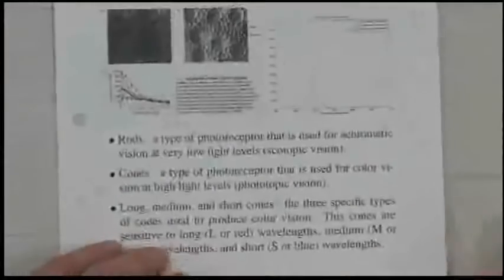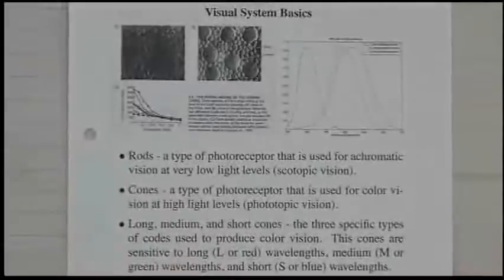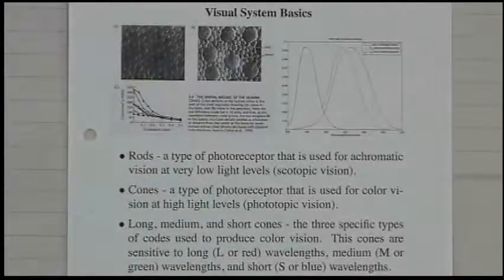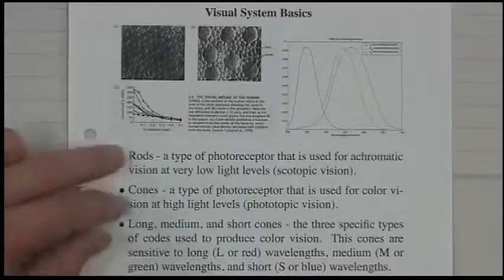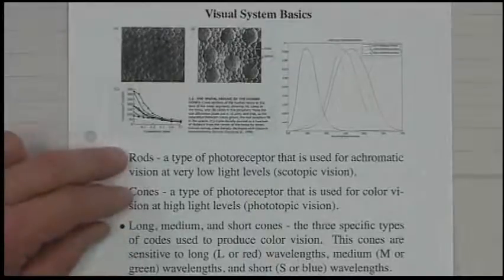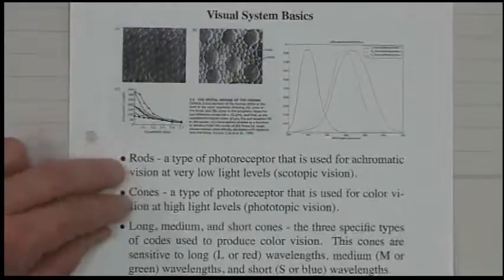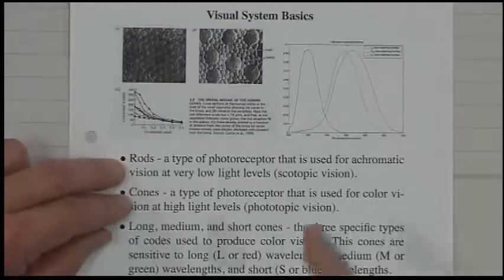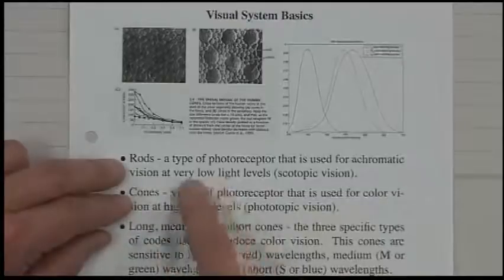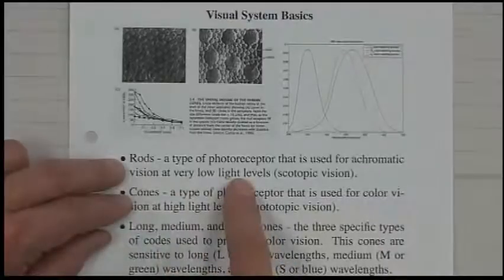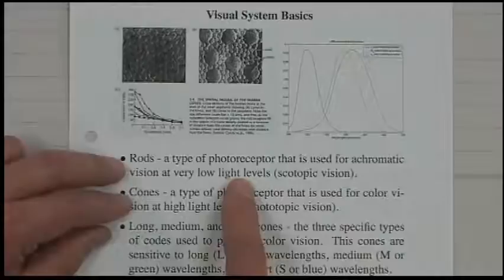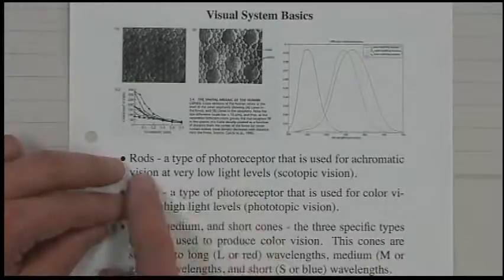So the visual system, the fovea has two kinds of photosensors. The one is the rods and the other is the cones. The rods are achromatic, so at low light levels they become important. So at very low light levels, you can't see colors very effectively, because it's just the rods that are operating.